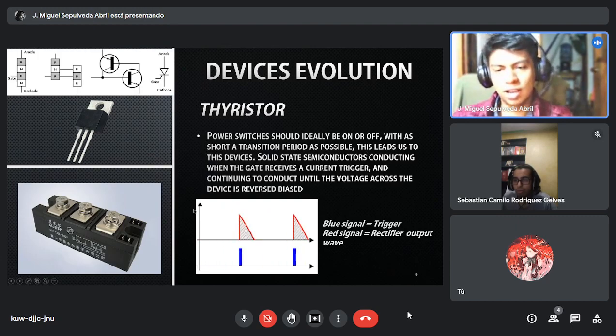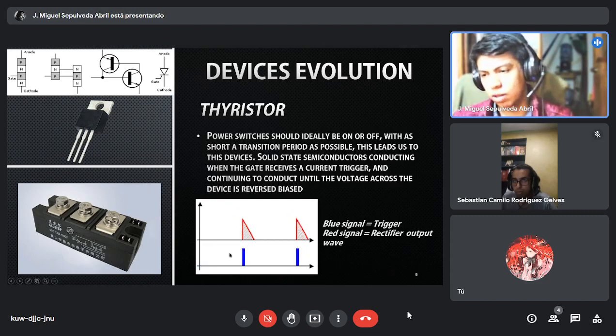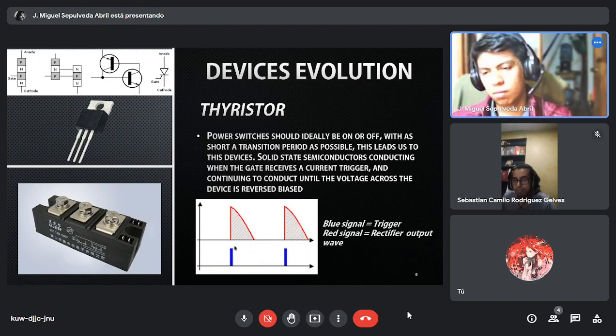So it's just like a trigger diode. We can model it like transistors, but basically it's the PNPN junction that makes it work. So when we trigger it, we rectify the wave. We can select how many times on the wave we need for the power conversion.